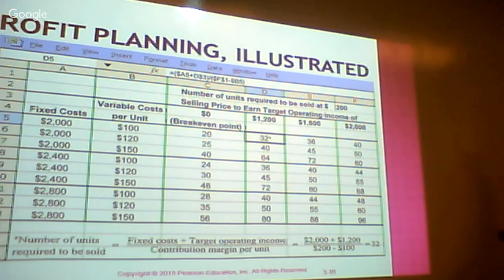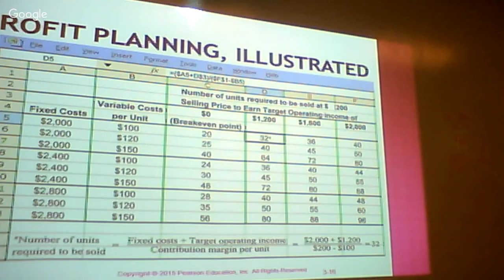I take the 200, my selling price, and subtract the variable cost, which for the first one is 100. That means 100 is going towards fixed costs. Does everybody see that? The first line tells me my fixed cost is 2,000. If I divide that by 100, I need 20 to break even. Does everybody see how I did that?